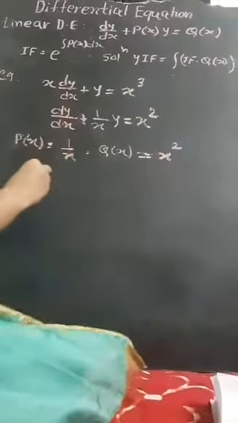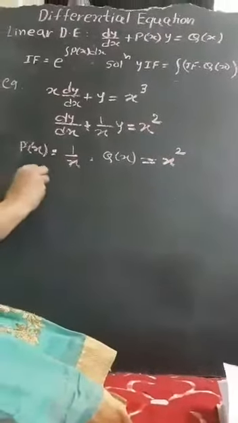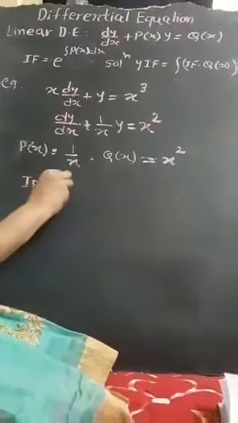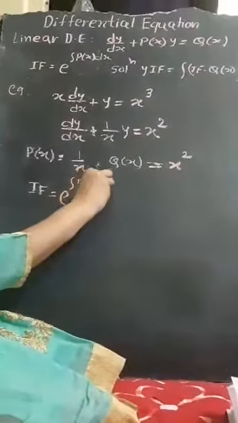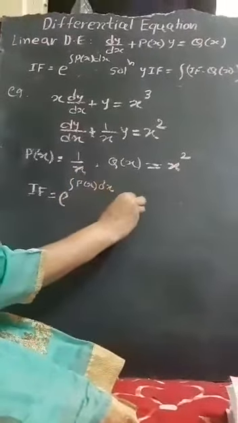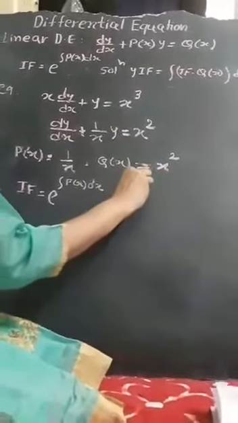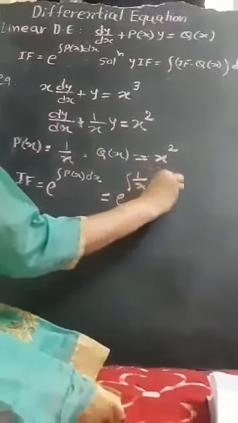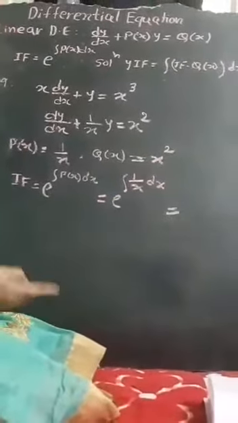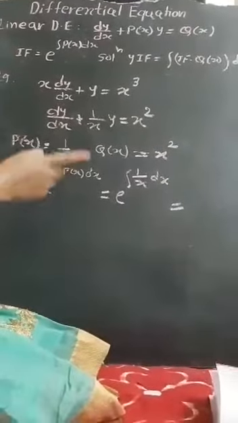Next step is to find the integrating factor. So what is integrating factor? It is e raised to integral px dx, which will be e raised to integral 1 by x dx. All of you know what is integration of 1 upon x. Integration of 1 upon linear is log.